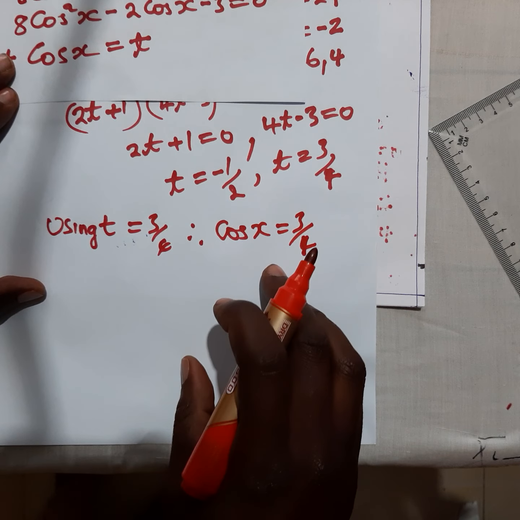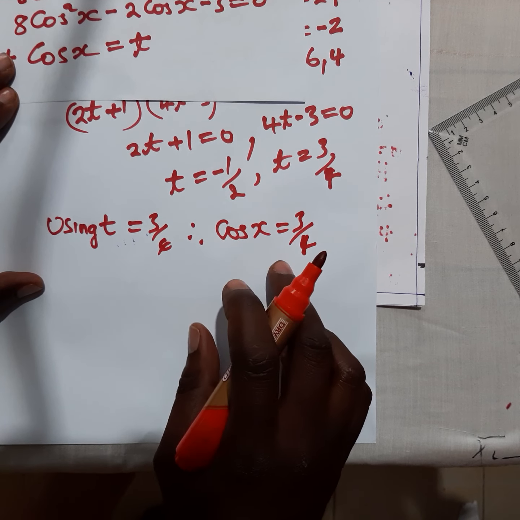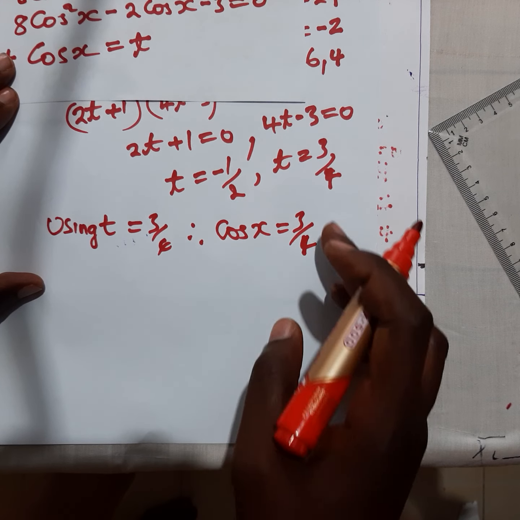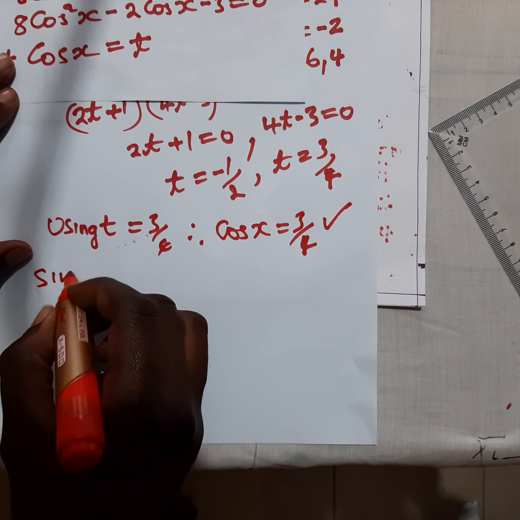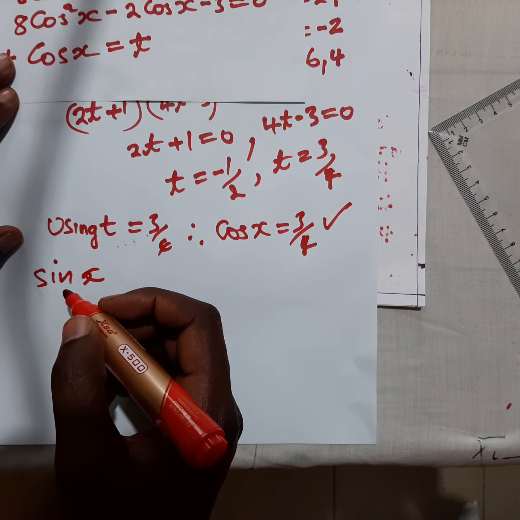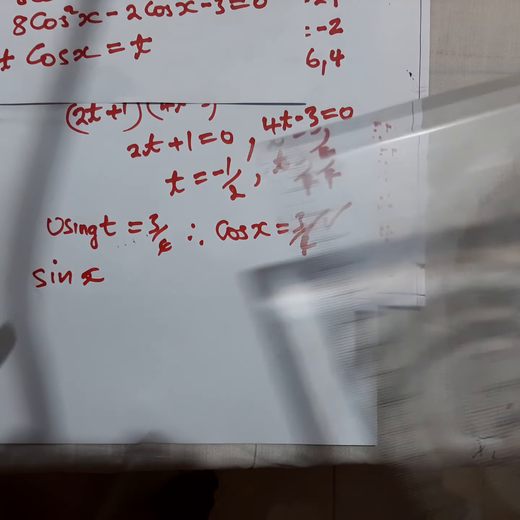And because we want to get sine x, that is part B, we can use a triangle.